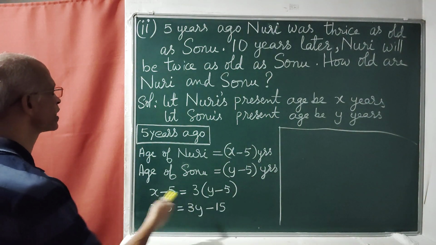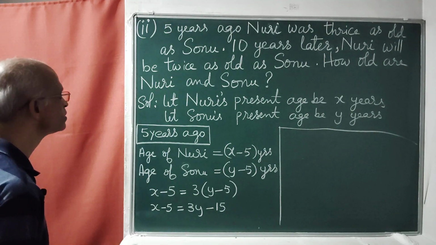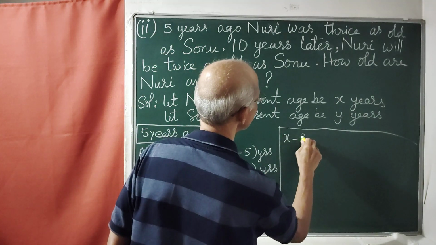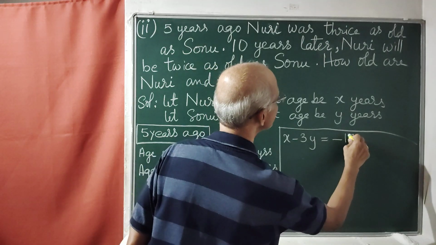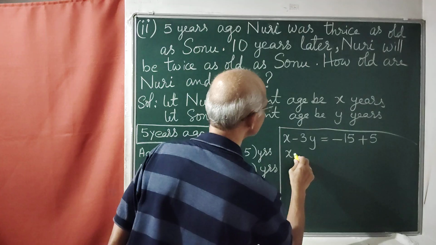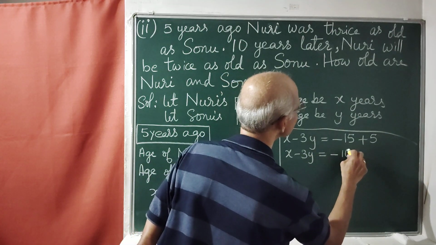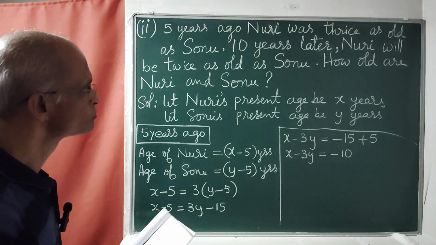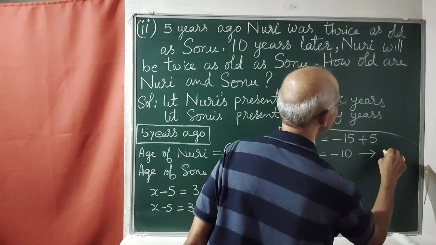I'll transpose 3Y to the left and minus 5 to the right. So X minus 3Y will be equal to minus 15 plus 5. So X minus 3Y will be equal to minus 10. This is equation number 1.